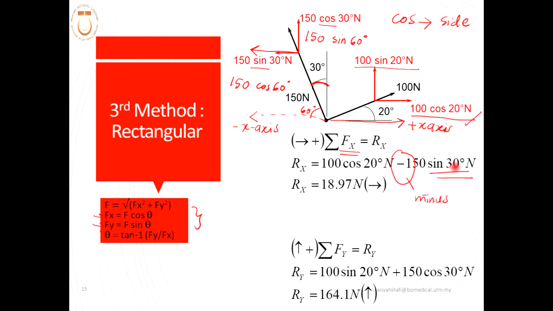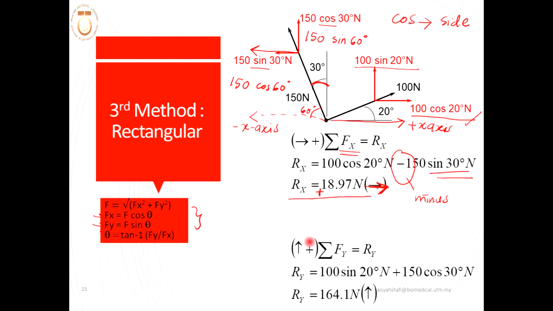Then when you solve it, you will get Rx is 18.97. This is plus, so plus means toward the right.